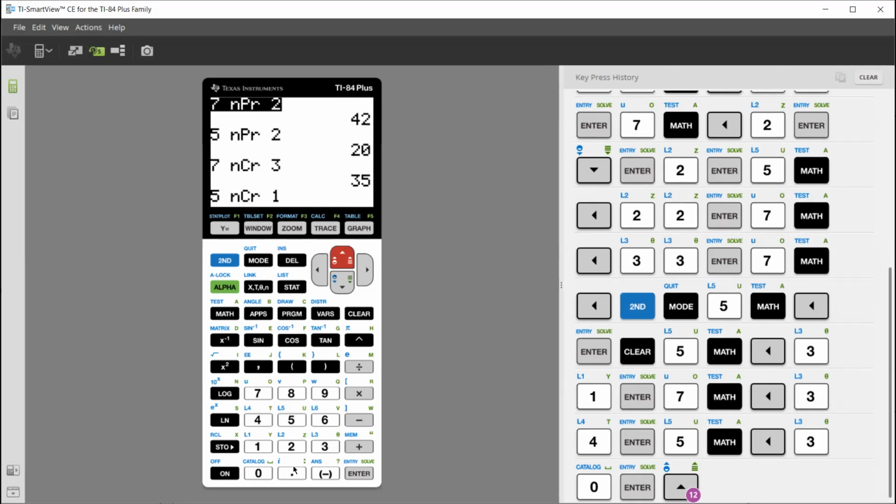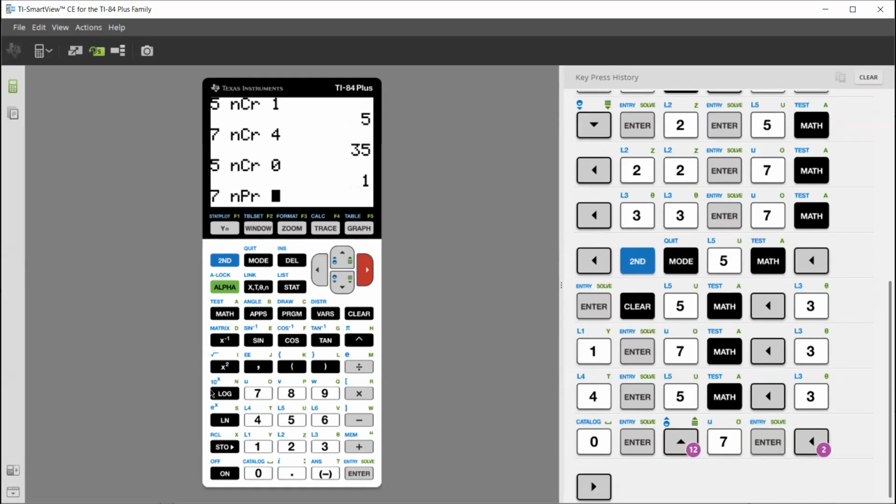and I just realized I put permutation in here by mistake, so let me fix that. This is supposed to be combination, not permutation. 7 choose 2 should be 21, and 5 choose 2 should be 10.